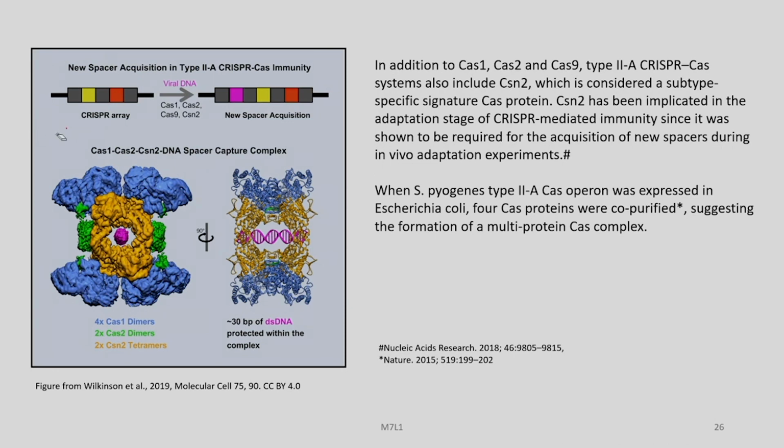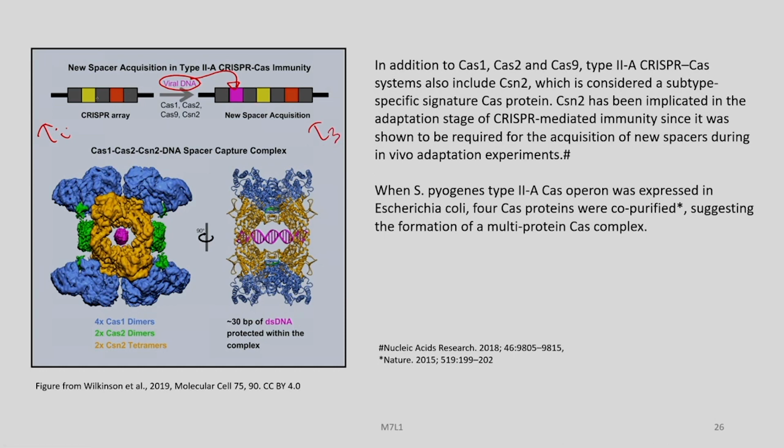Now, if the bacterium is attacked by a new virus, in the presence of Cas1, Cas2, Cas9 and Csn2, a new spacer is acquired. So, this viral DNA, having this particular color code, is added here. So, this is the next state.